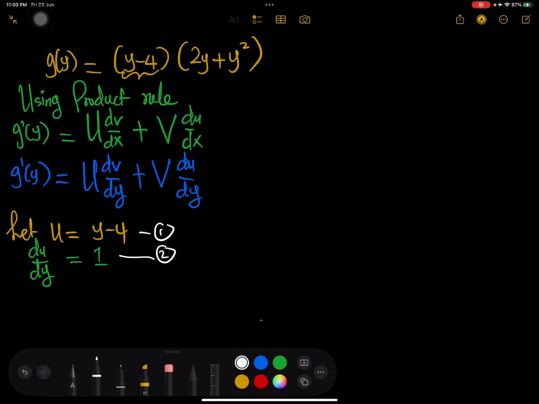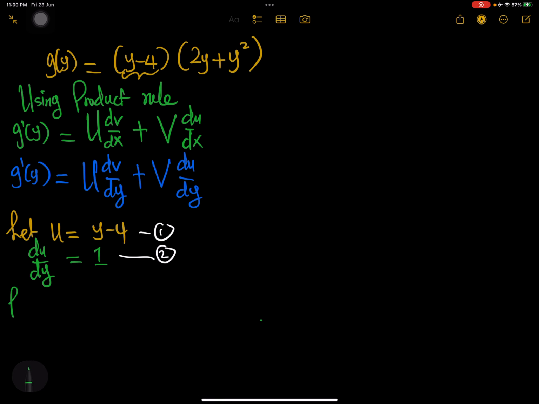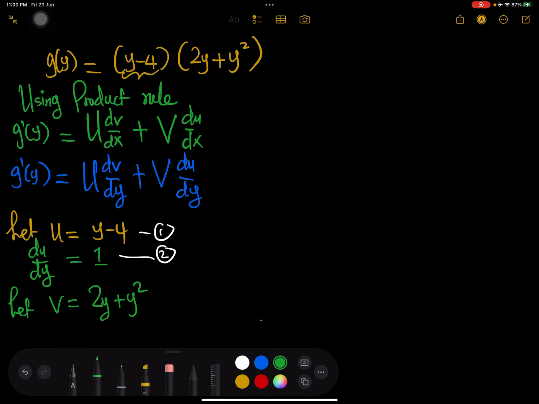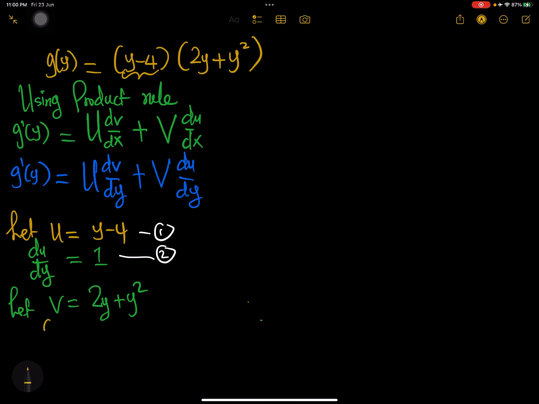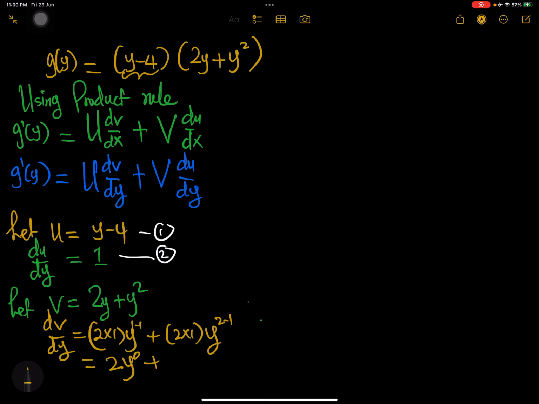Now the next thing we're going to do is let our v be equal to 2y plus y squared, so that our dv dy is going to become 2 times 1 times y to the power 1 minus 1, plus 2 times 1 times y to the power 2 minus 1. This gives us 2y to the power 0 plus 2y to the power 1.